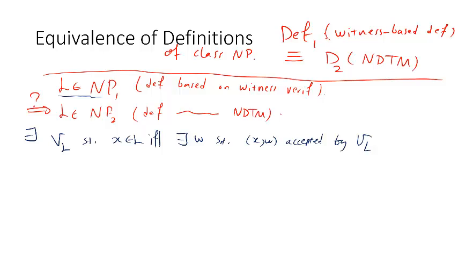Now we want to say that L belongs to NP under a different definition, and the different definition requires a non-deterministic Turing machine. So we have to construct that non-deterministic Turing machine. We have to do it in a way that it would accept only if and only if the witness exists. So any suggestion?